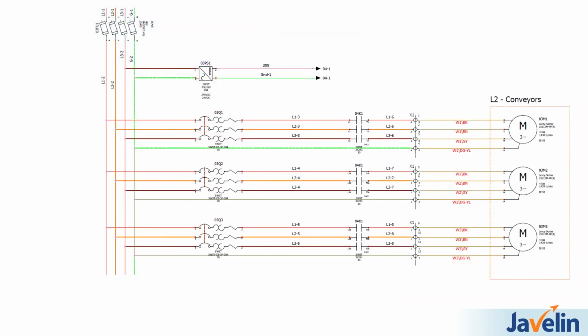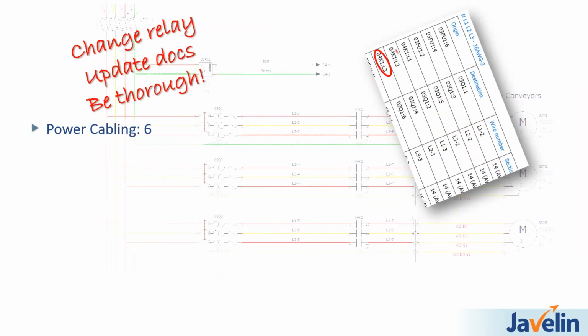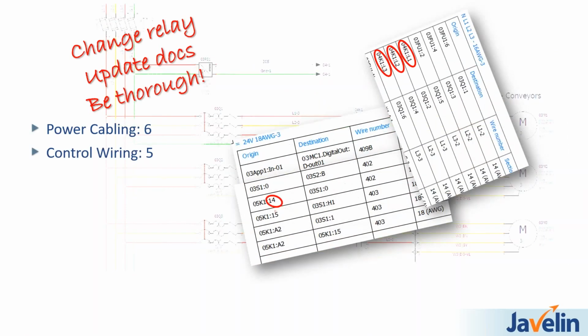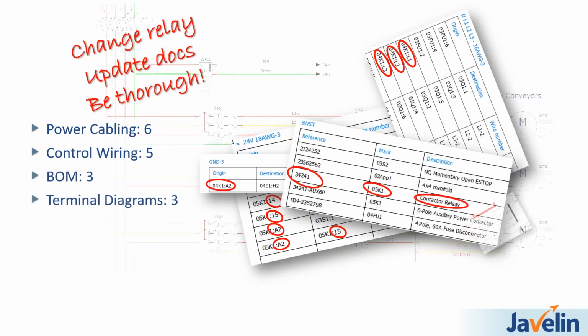Now, to summarize what I just explained, let's take a look at a contactor and a relay arrangement. What happens here is if I update this particular component, it's going to go in and change the reports on the power cabling and the control wiring. It's going to update the bill of materials.